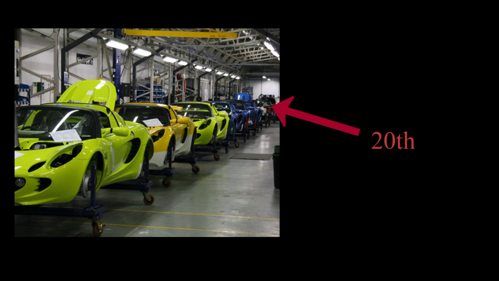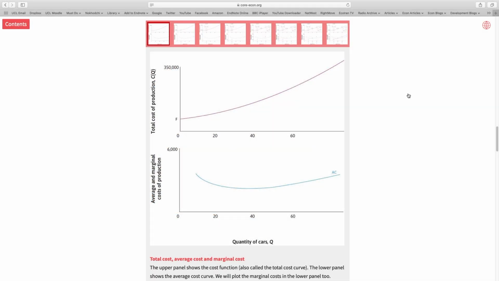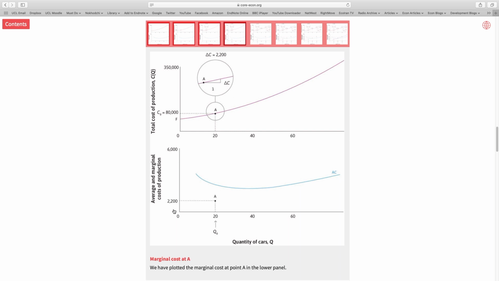Now, we know from our textbook that the marginal cost of producing the 20th car is $2,200. Producing the 20th car would add $2,200 to our costs. And if we look at our total cost curve, the marginal cost represents the slope of this curve.